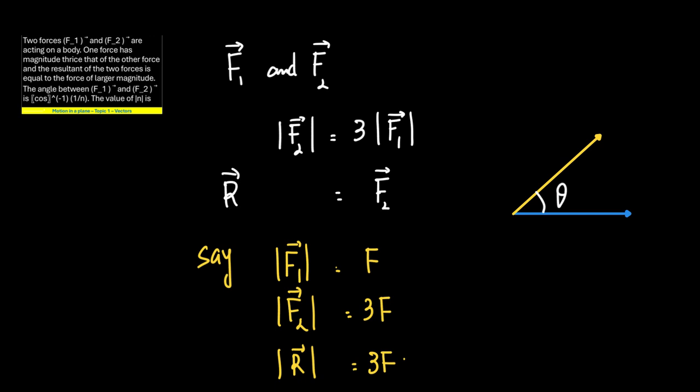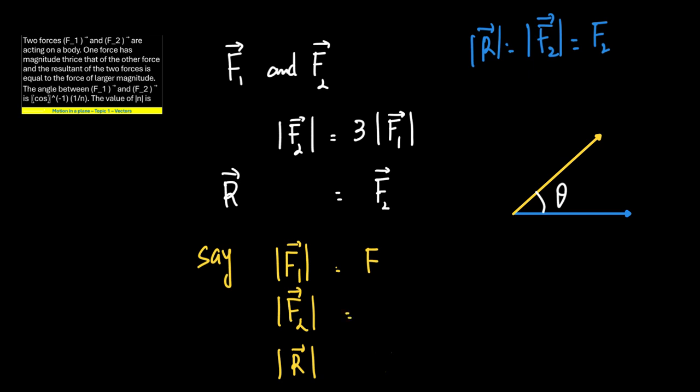Let me just write that out here. So we have magnitude of R, therefore, will be equal to magnitude of vector F2. What is magnitude of vector F2? It is F2. So magnitude of R is equal to F2, but what is F2? To add more clarity, maybe I should write it like this.